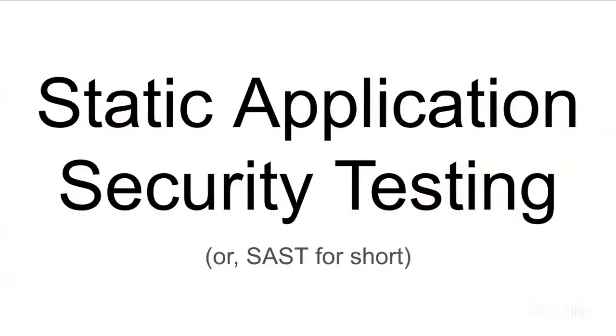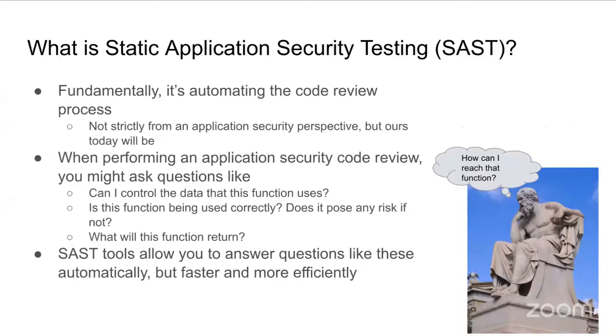So this is where static application security testing comes in, which I'll be referring to as SAST from here on. SAST is fundamentally automating the code review process. When you look at a piece of code, whether for security purposes or just to understand how it works, you ask questions.